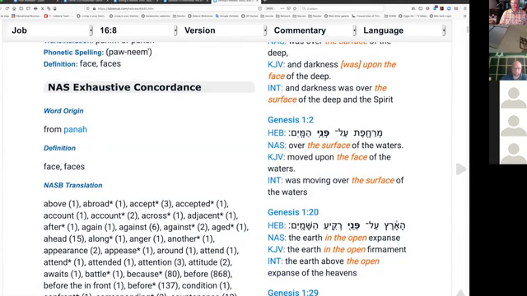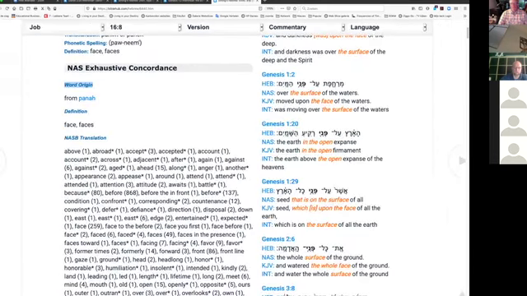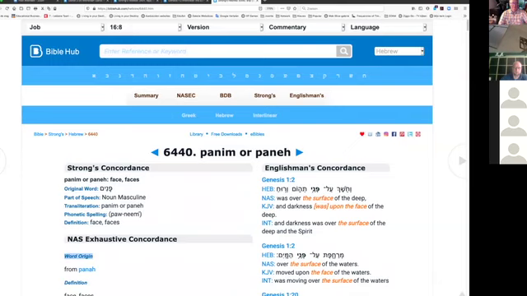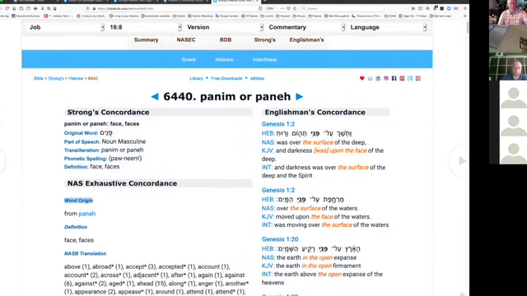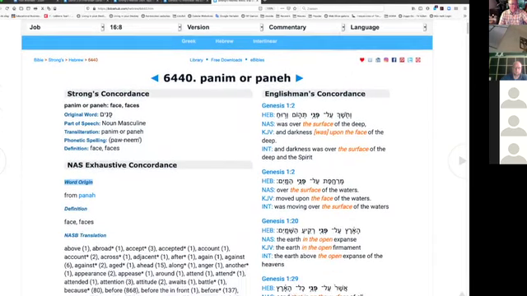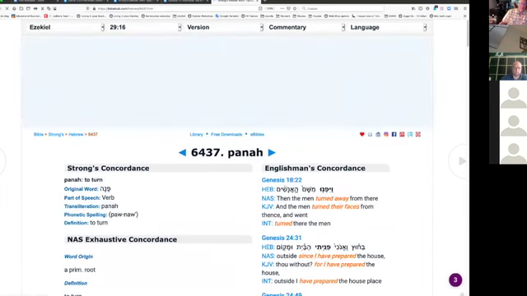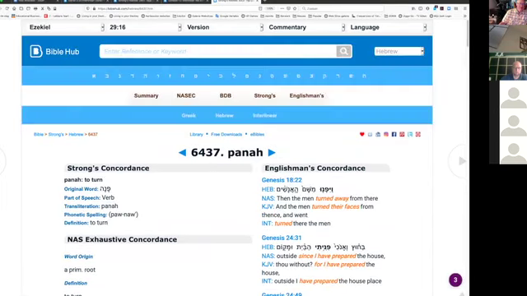From pana. So you see word origin over here. So panim, and panim is plural, is from pana. Now let's look where pana comes from. It's a verb. You see? Do you see it? It's a verb.